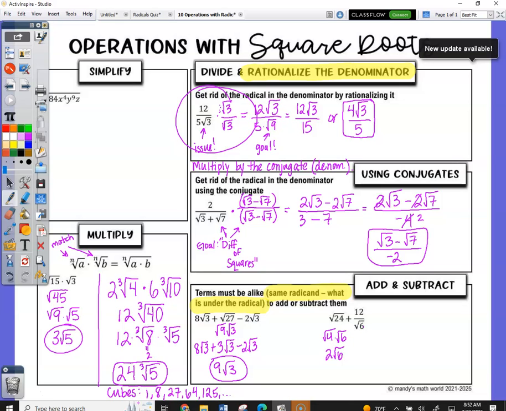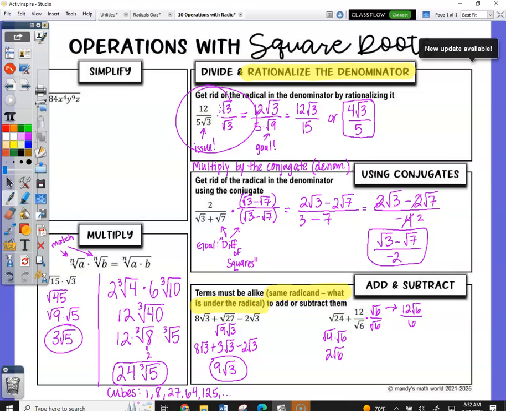Okay, I'm going to rationalize this. What do I multiply by? Square root 6 over square root 6. Multiplying straight across, I'm just going to come over here next to it. So this would give me 12 square root 6 over what? Square root 36, which is 6. What does this 6 do here? Which one does it divide into?